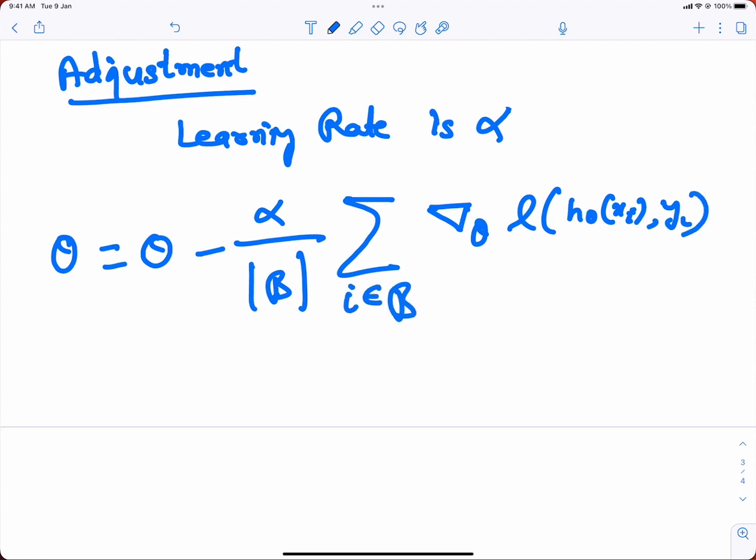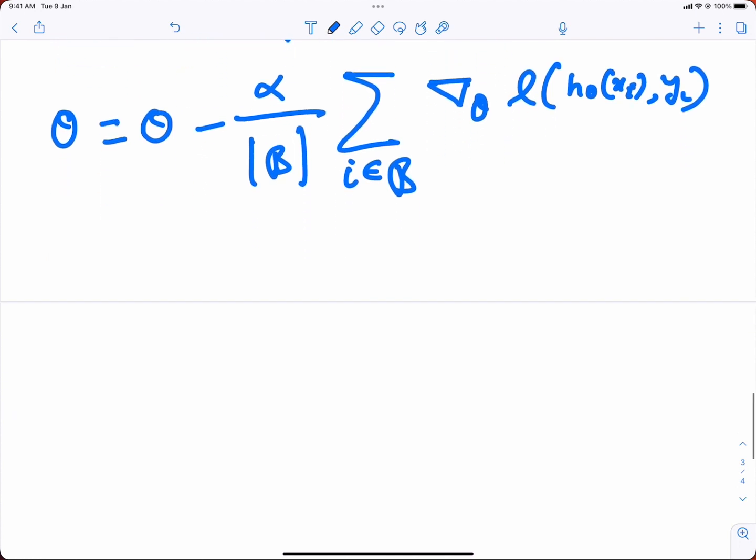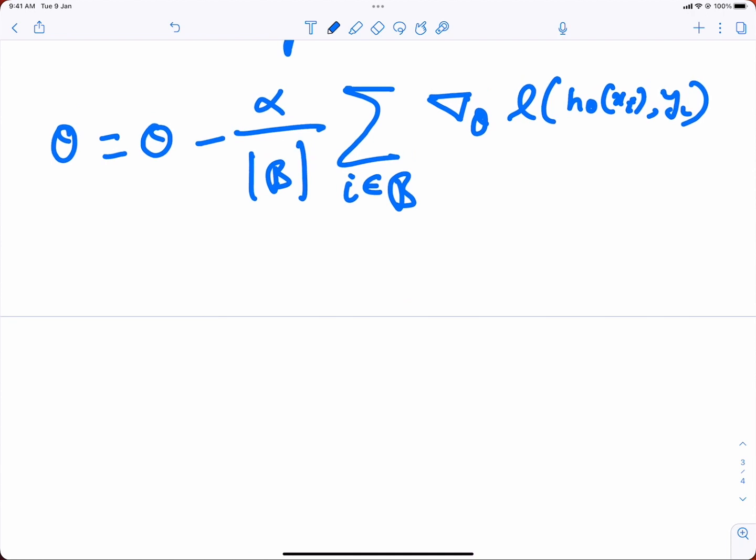So this is all about the adjustment, and we repeat this step until the parameters converge.